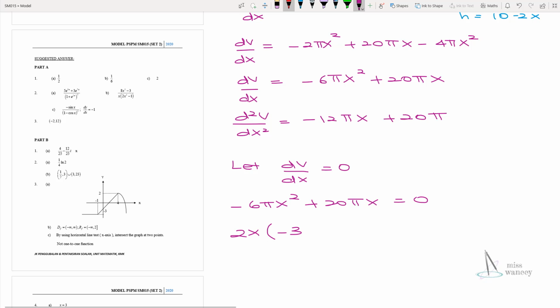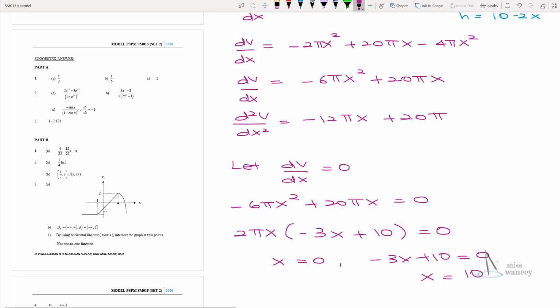Actually, the pi can go out as well, so let me factorize the pi outside as well. So I have 2 pi x, and this is negative 3x, and then plus with 10 equal to 0. So either x equal to 0 or negative 3x plus 10 is equal to 0. So x will be equal to 10 over 3.